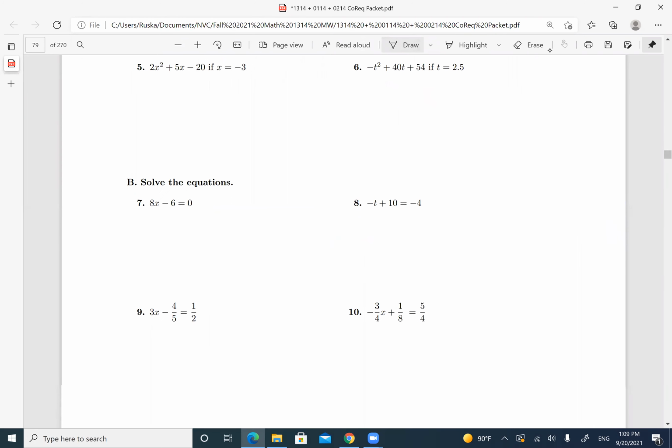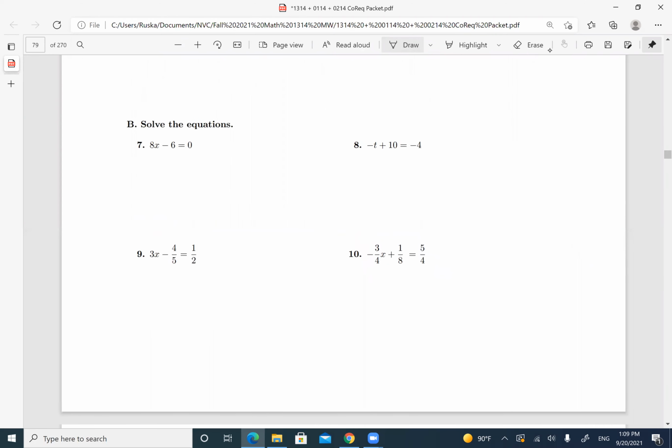Now, the next one is part B, where it's asking us to solve the equation. Now, the difference between solving an equation and evaluating an expression is that with an expression you plug in and simplify. When you have an equation, you have 2 sides. You have something equals something else.